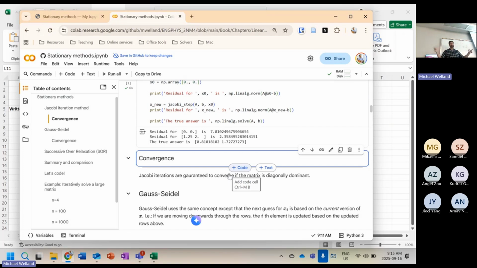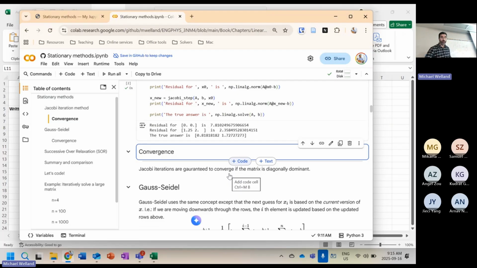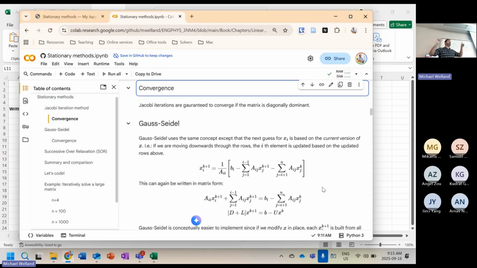That's called Gauss-Seidel iterations. Literally, the only difference is that you update as you go, which also means that you're updating in place. With Jacobi, you have to build a new vector, and then that becomes your next one. With Gauss-Seidel, you just say this one is now this, this one is now this. It actually works out to converge faster. Almost always, and I think that's actually by definition, Gauss-Seidel will always converge faster.